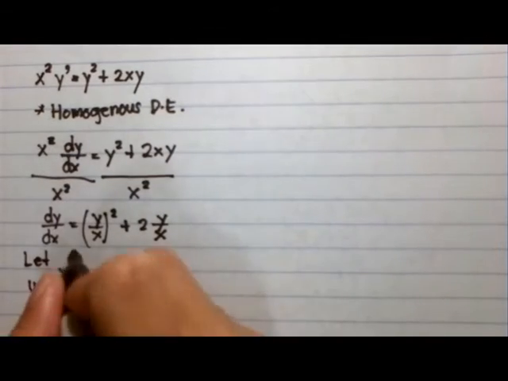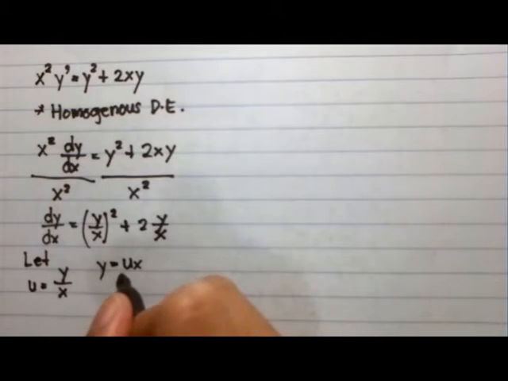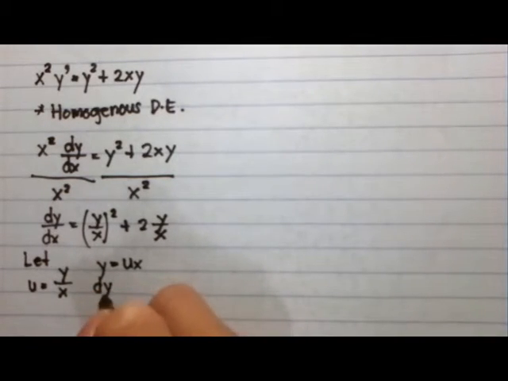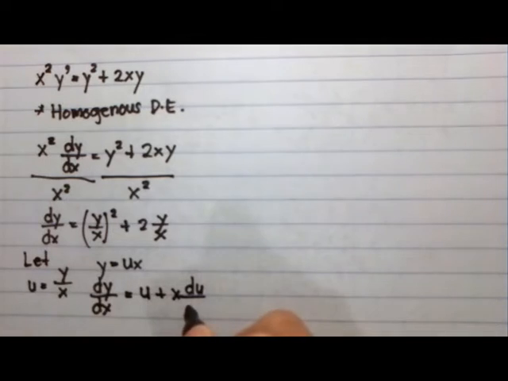And then, multiply both sides by x. And we get y equals u times x. And derive both sides with respect to x. And we will get dy over dx is equal to u plus x du over dx.